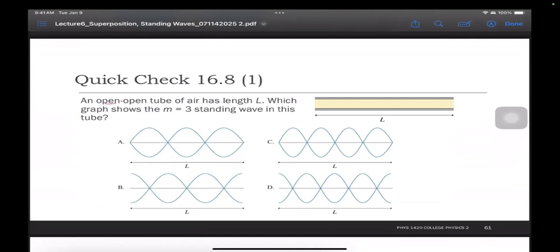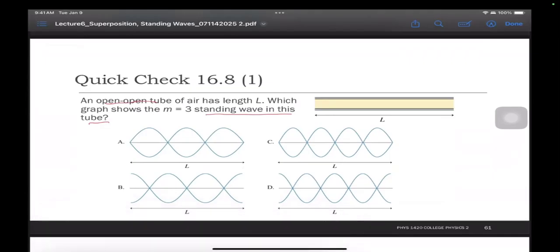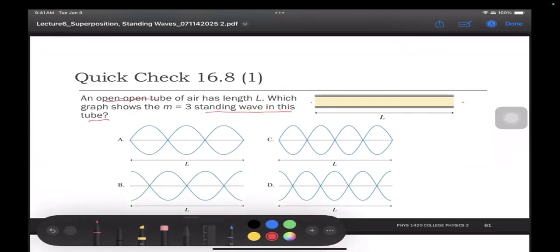Here an open tube of air has length L. Which graphic shows m equals 3 standing waves in this tube? What does it mean? Because it is open, there should be antinodes at the ends, am I right?